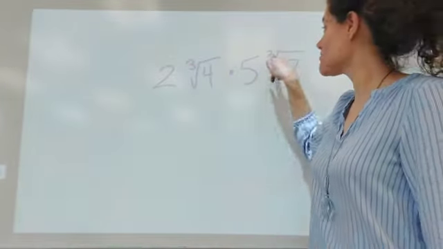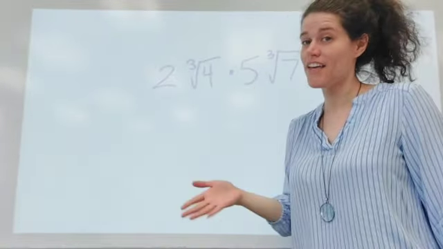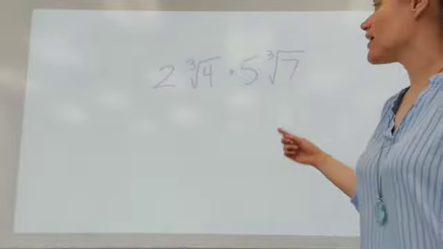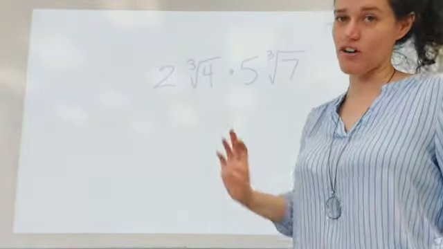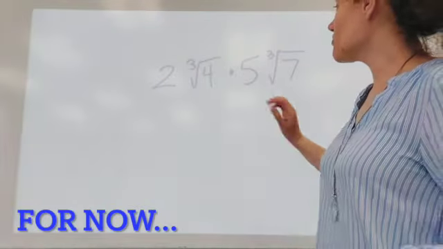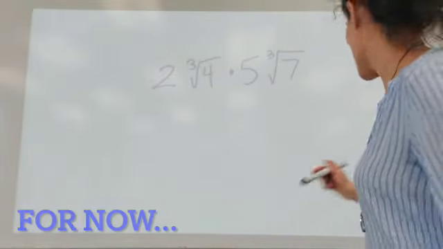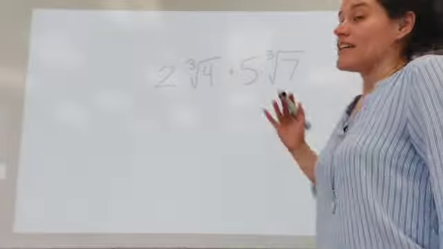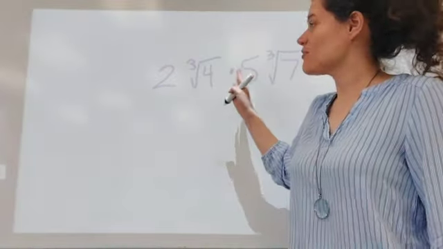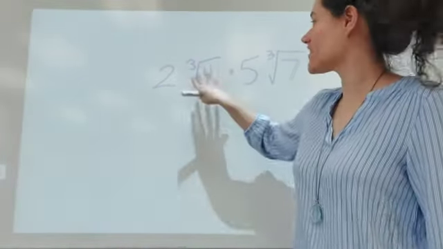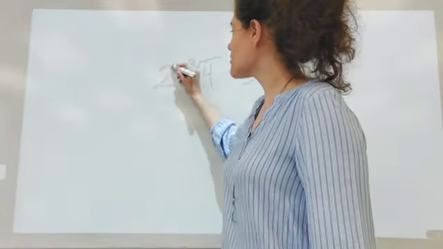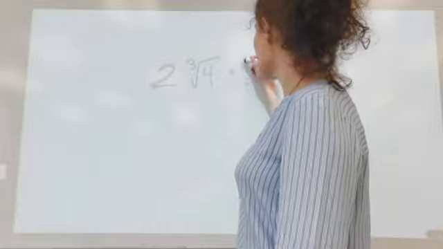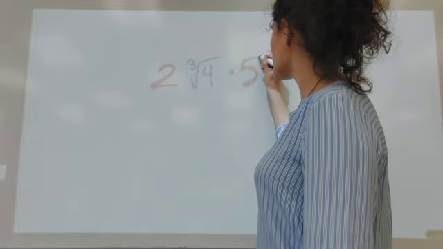So both of these being 3 means that we can do this multiplication. If this number was different than this one, then this would be as far as it could go. But they do match, so we can do this multiplication. So like I said, outsides have to multiply to outsides only, and insides have to multiply to insides only. So we have a 2 on the outside here, and a 5 on the outside here.